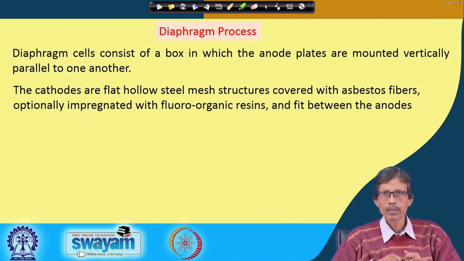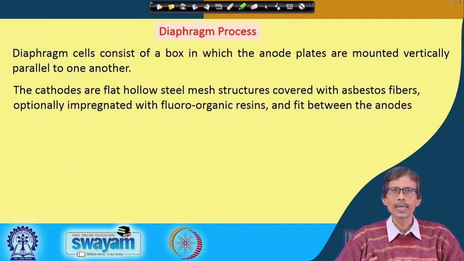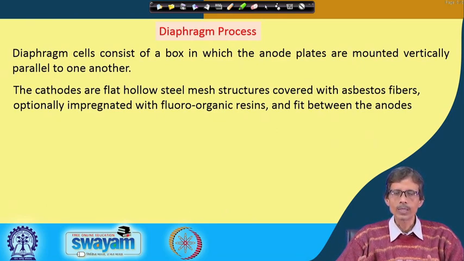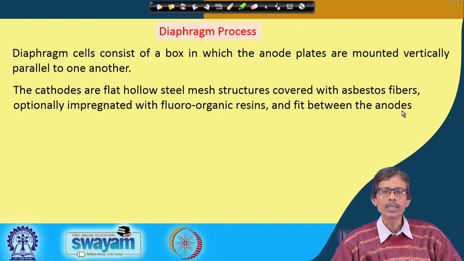So, it is coated with asbestos fibers, then it can be further fixed with fluoroorganic resins which are very much inert in this electrolysis medium, which is a very harsh condition for the reaction, and fitted between the anodes.